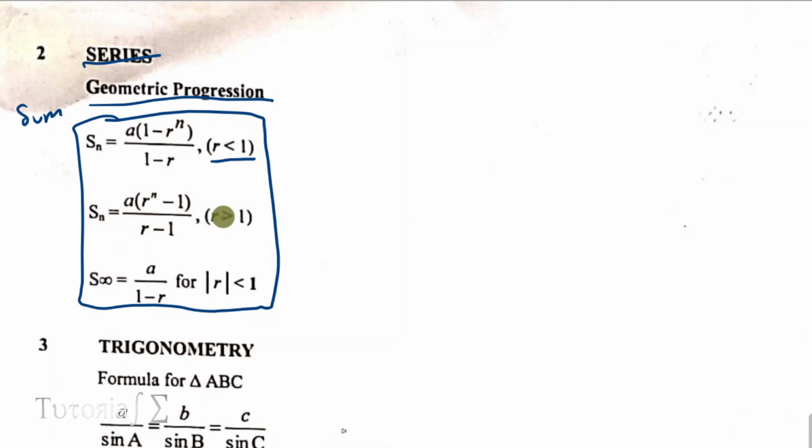When the value of r is greater than 1, so we're looking at 2, 3, 1.5, and so on and so forth, we use this formula here. We're going to look at what all these entail. After copying these, we are also going to need to know how to find the nth term.